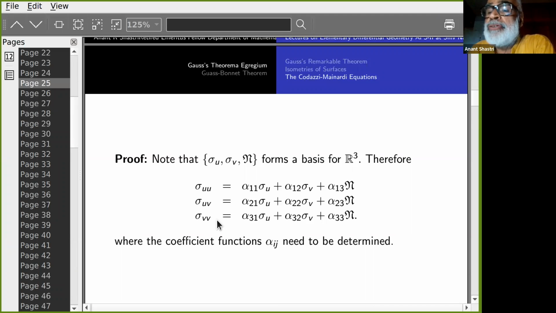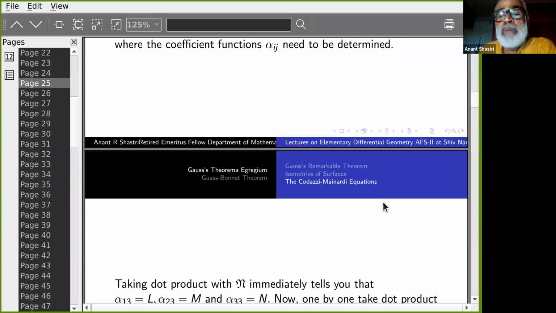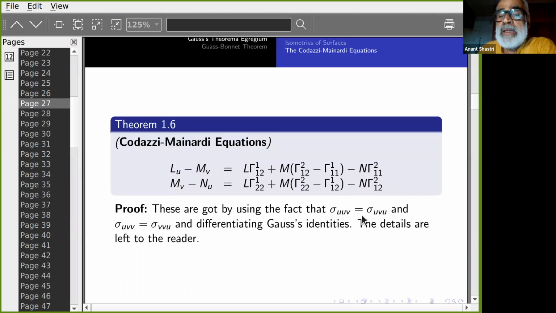When you differentiate once more, you get third-order derivatives. But because of the smoothness condition we are assuming, you can permute them: sigma uuv is sigma uvu. Similarly, sigma uvv is sigma vvu. Use this to simplify and cancel out a number of terms. This is all that is there. The rest of it is not very easy, but unless you do it, it won't be of any use to you.